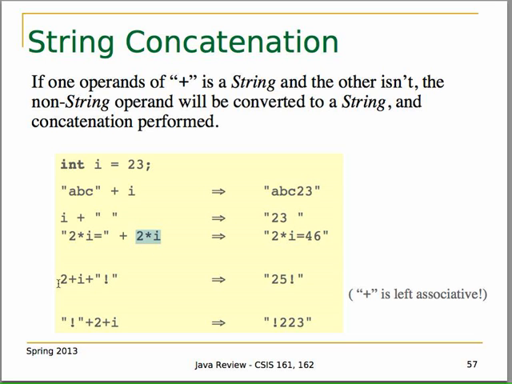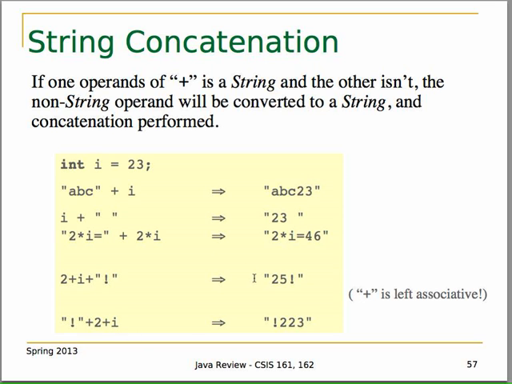Okay, so here's another example. You say 2 plus i plus, in double quotes, an exclamation. In that case, you go left to right, you do the 2 plus i, which gives you 25, and then you do 25 plus exclamation in double quotes, and that's a string concatenation, so you get 25 exclamation. All right. And here's another example where you do a 2 plus i along with the string.